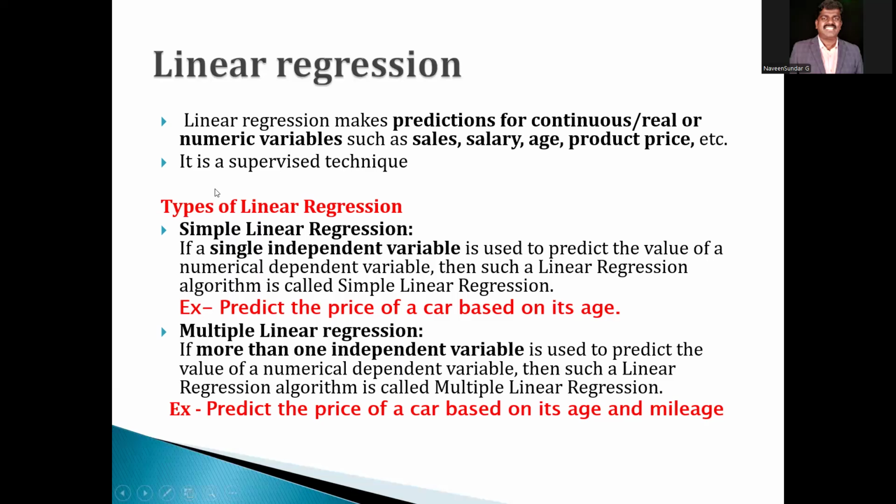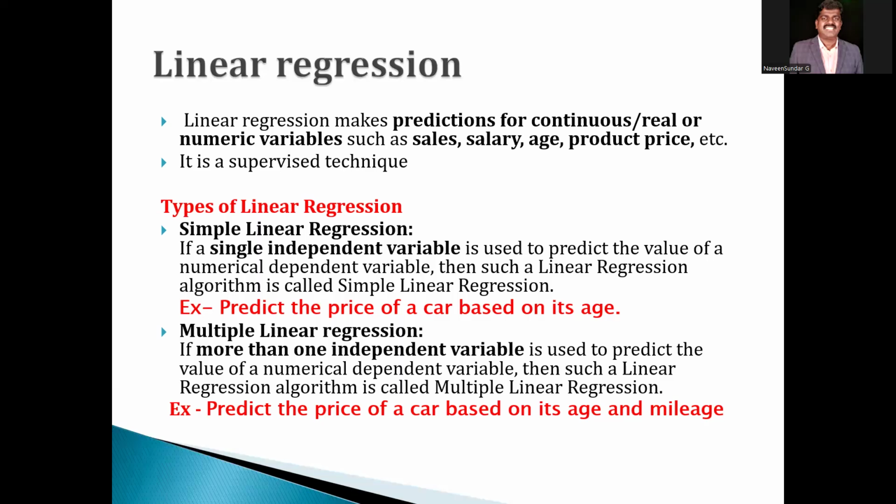First is simple linear regression. Normally in regression, you have an independent variable and also a dependent variable. That means different columns. As I told you, only columns having numerical values are taken for regression, right?